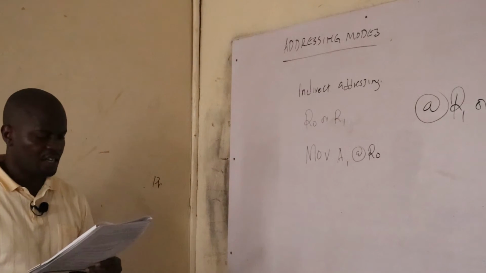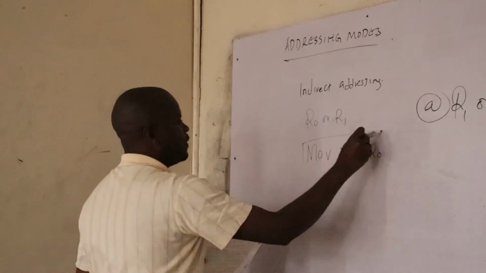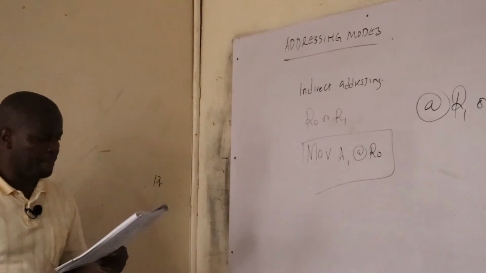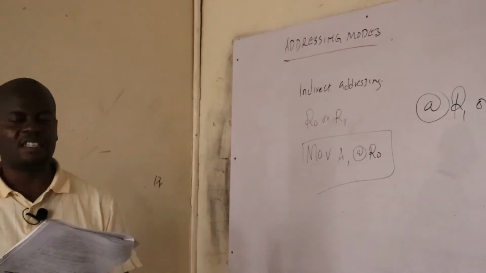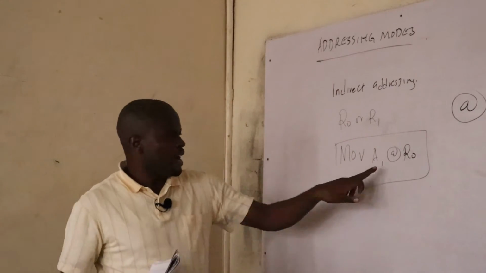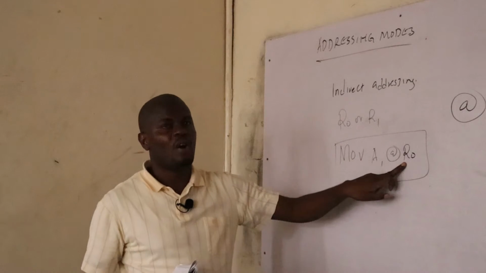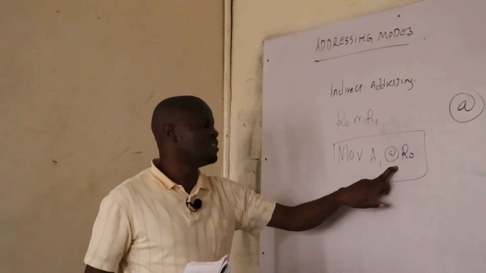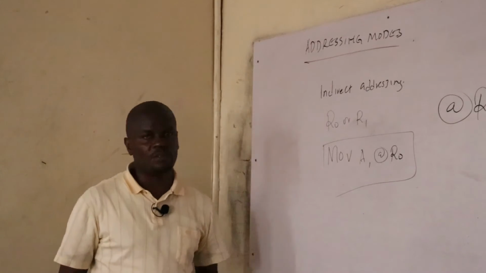And in that case, if you have an instruction like this, then it means that it is supposed to move a byte of data from an internal RAM location whose address is in R0 to the accumulator. So it is not the register R0 itself, but the register R0 acts as a pointer to an address in the memory location where the data to be manipulated is found.